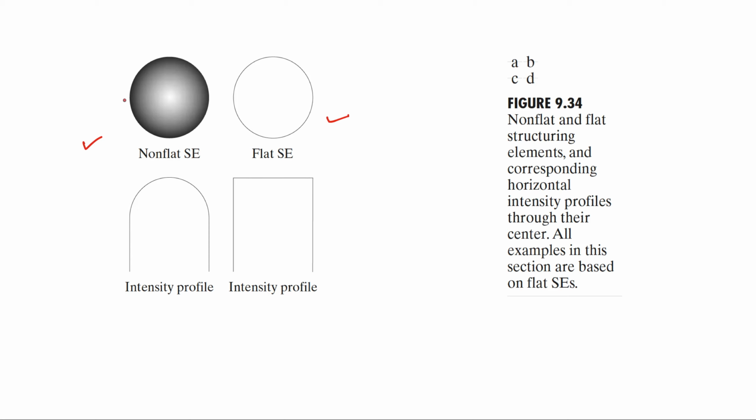If you take a cross section, the intensities on the edges are very low, and the numbers increase as it comes to the center. At the center we have the highest value, and it reduces as you go from the center down towards the edges. When it comes to a flat structuring element, you do not have different values, you only have the highest possible value that is present in the image.